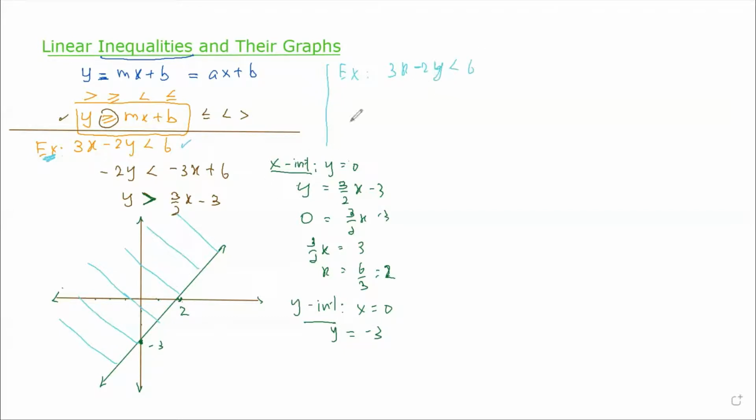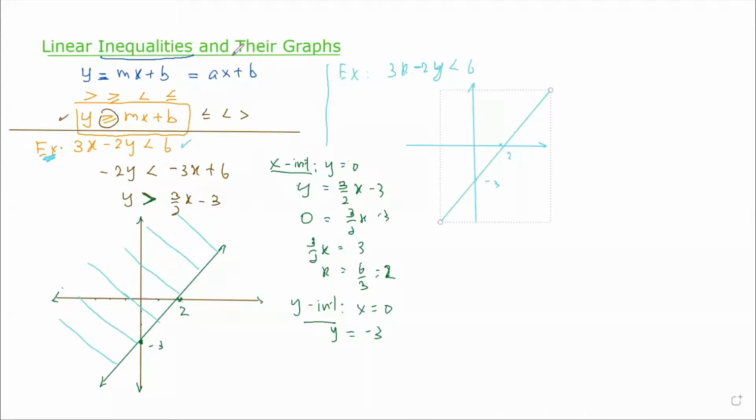You still plot the graph and get the x and y intercepts the same way, but when you do testing, the points are different. For example, this one is 2 and this one is -3, and then we have this line.